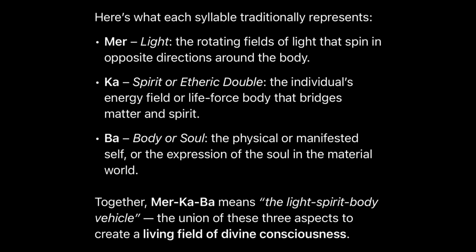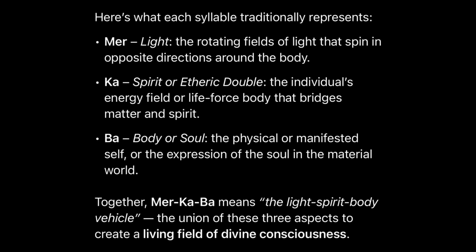And on ChatGPT, they're saying that MER stands for light, which is the rotating fields of light that spin in opposite directions around the body. The Ka is the spirit or etheric double, or the individual's energy field or life force body that bridges between the matter and the spirit.